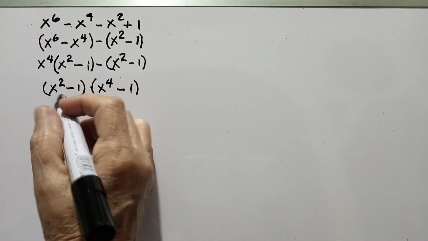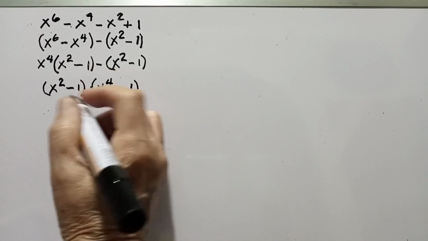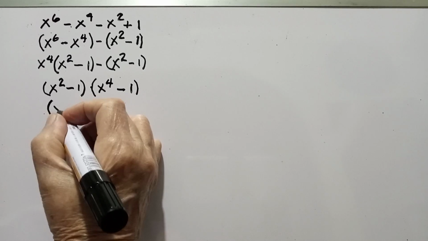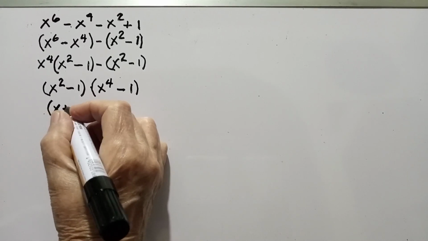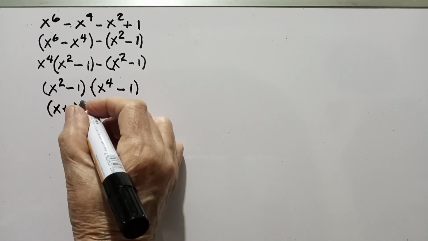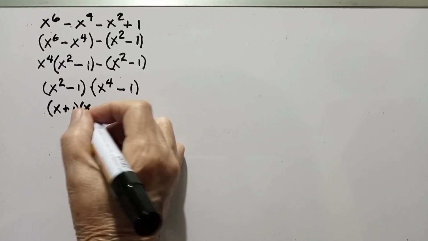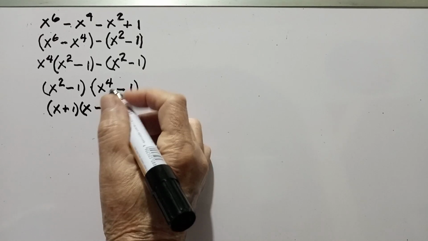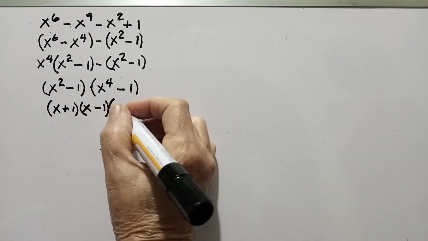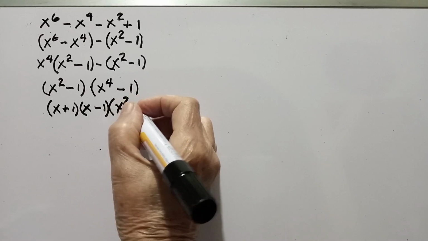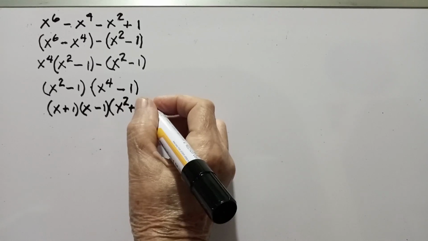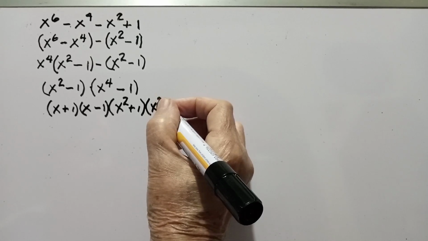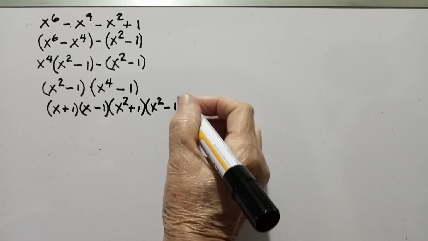Now, we will factor these factors. The factors of this are x plus 1 and then x minus 1. The factors of this are x squared plus 1 times x squared minus 1.